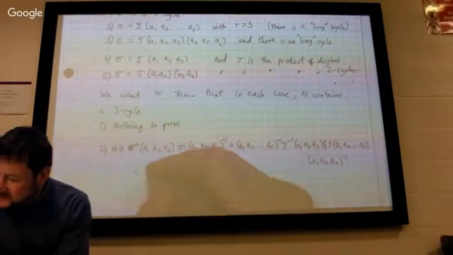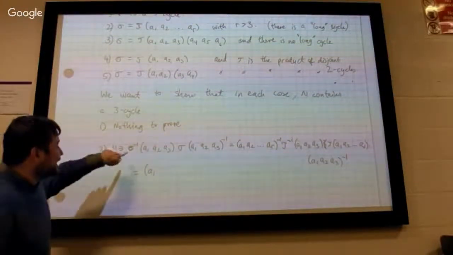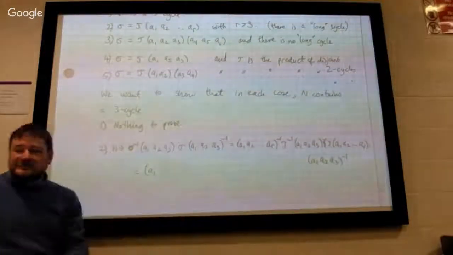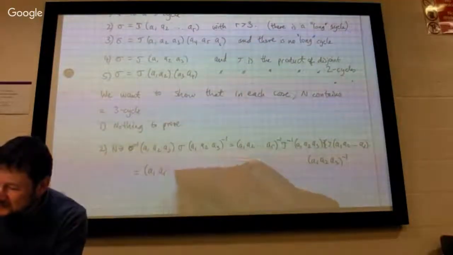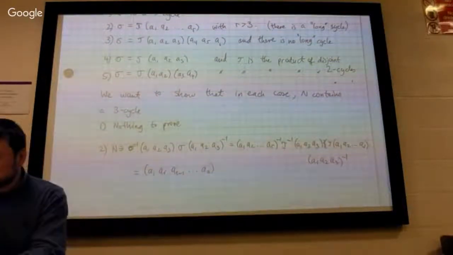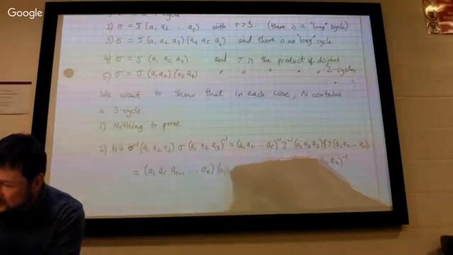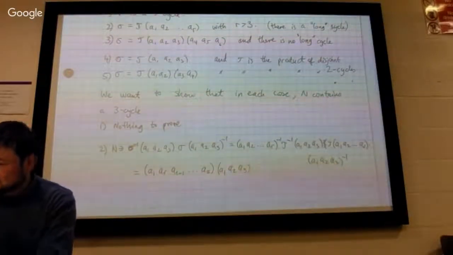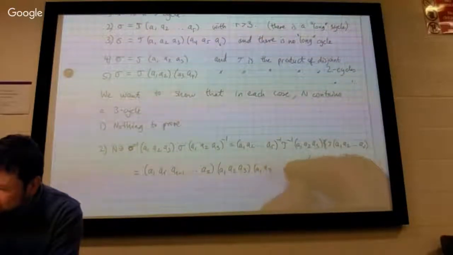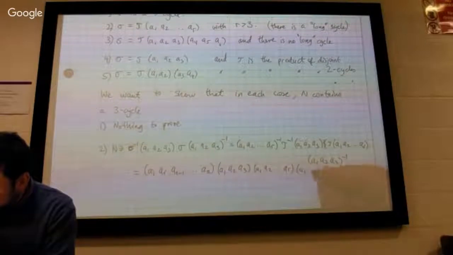The inverse of this is like going backwards: A1 goes to AR, goes to AR minus 1, all the way down to A2. Tau vanishes, then A1, A2, A3, A2, AR, A1, A3, A2.